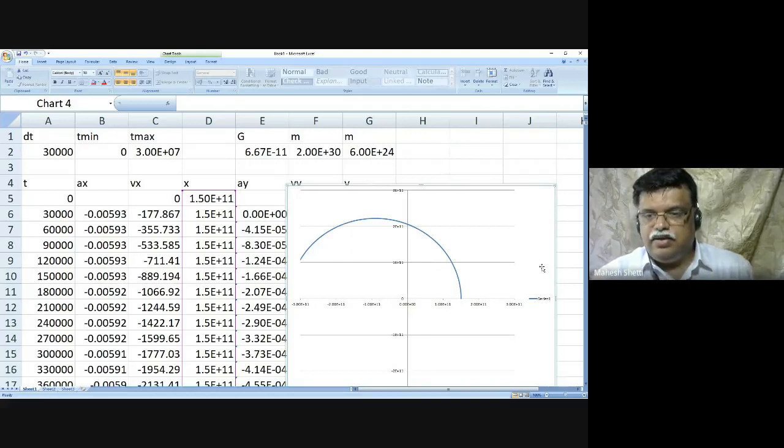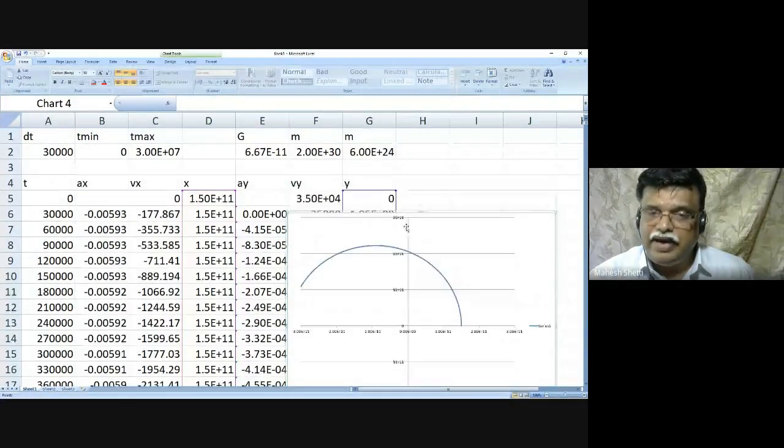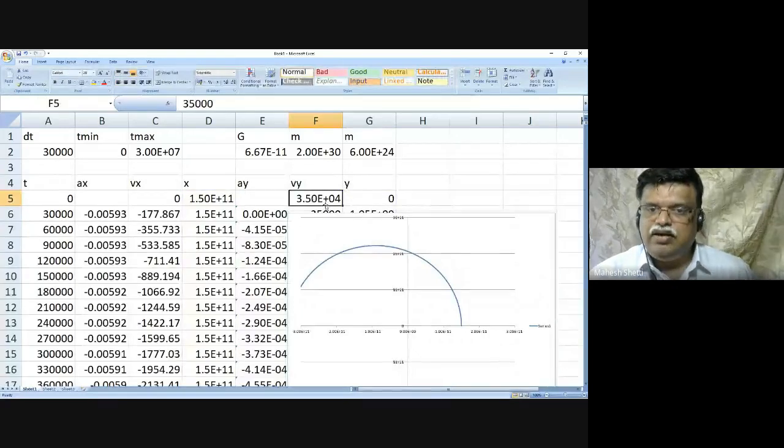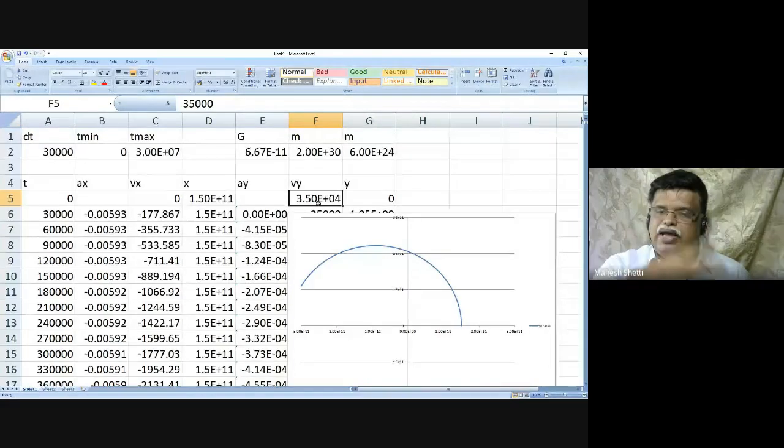Now see what has happened. Let us look at the physical significance. I have given a larger velocity, so it is going to move in an elliptical orbit.